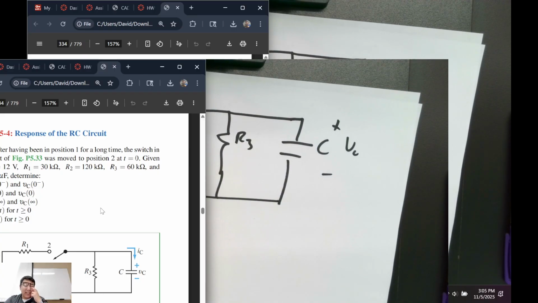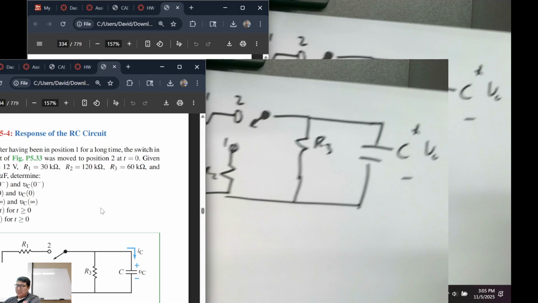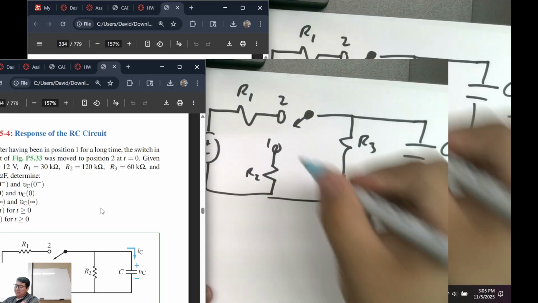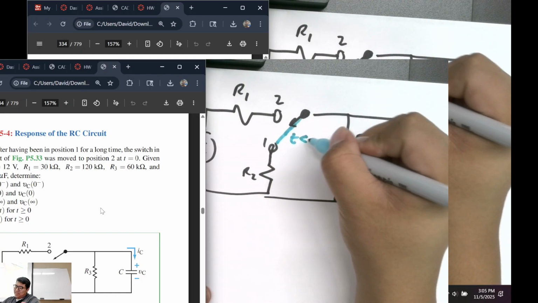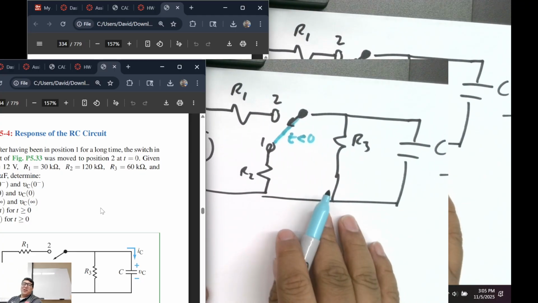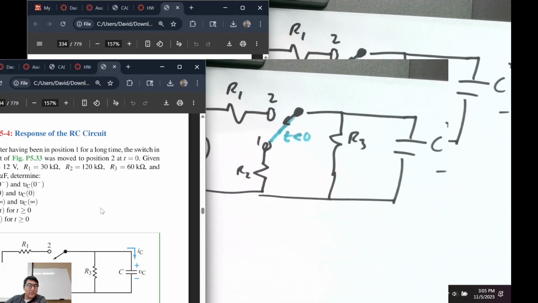So after being in position 1 for a very long time, I'm going to make story time, right? T is less than 0, for a very long time. The switch is changed to position 2 at time T equal to 0.